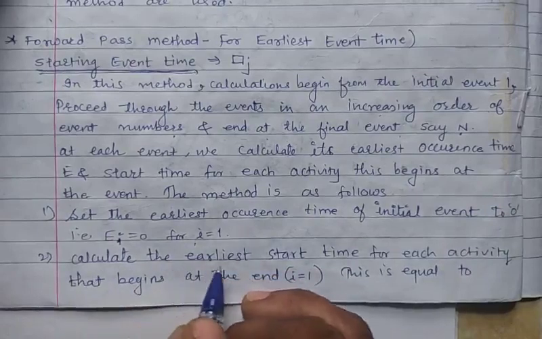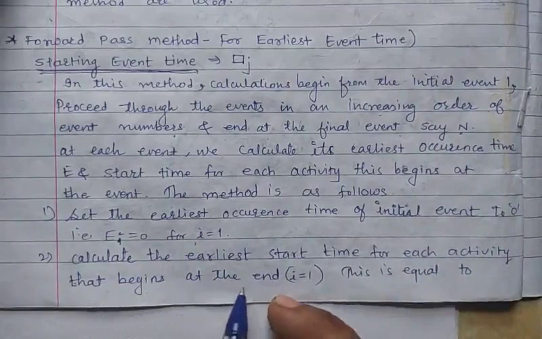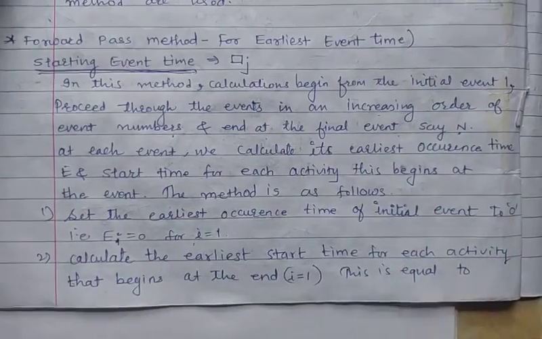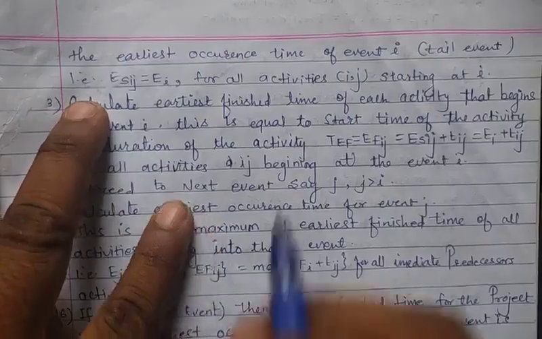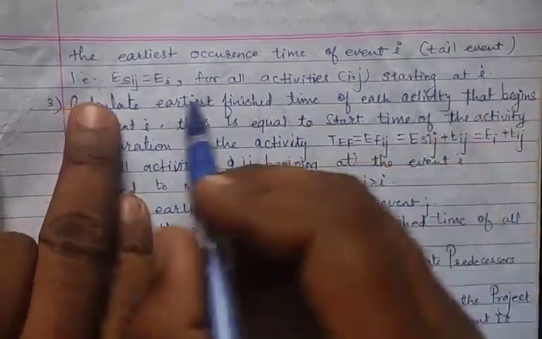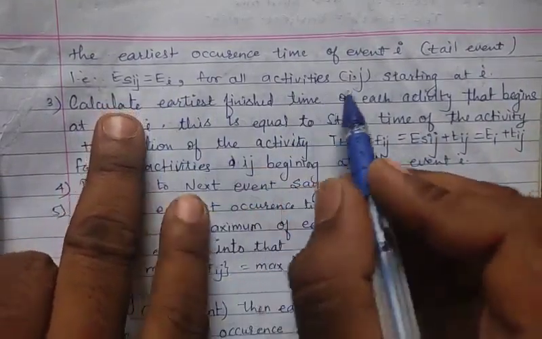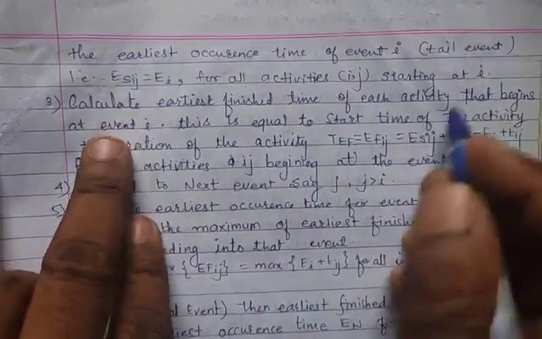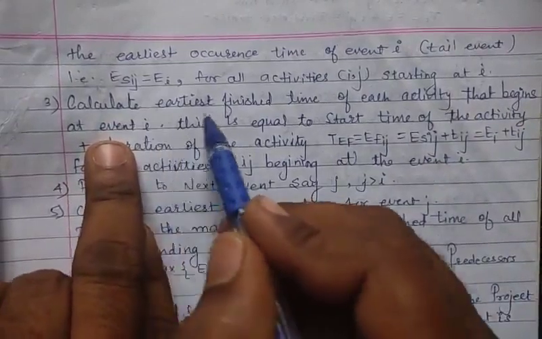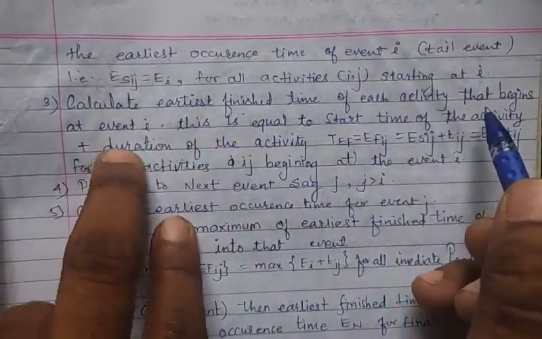Second, calculate the earliest start time for each activity that begins at the event i equal to 1. This is equal to the earliest occurrence time of the tail event. So ESij is equal to Ei for all activities ij starting at i. Next, calculate the earliest finish time of each activity that begins at event i.